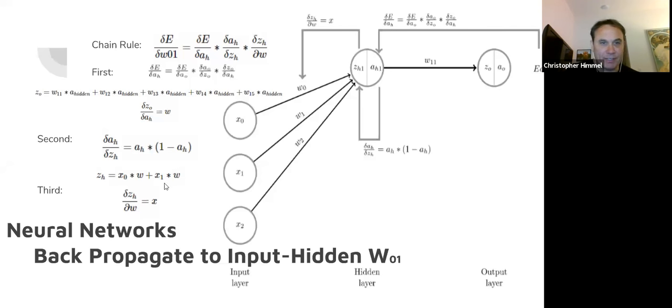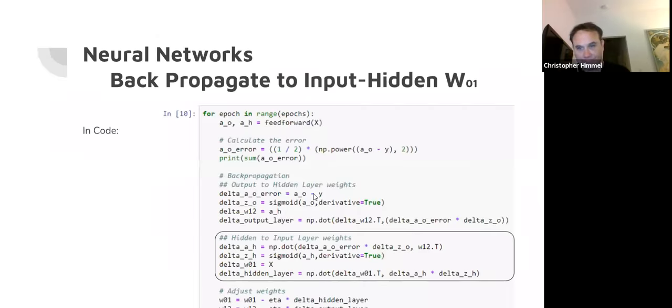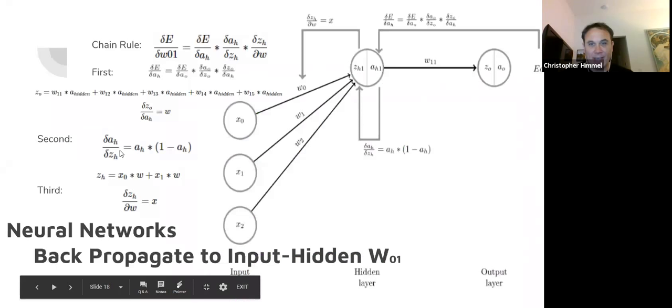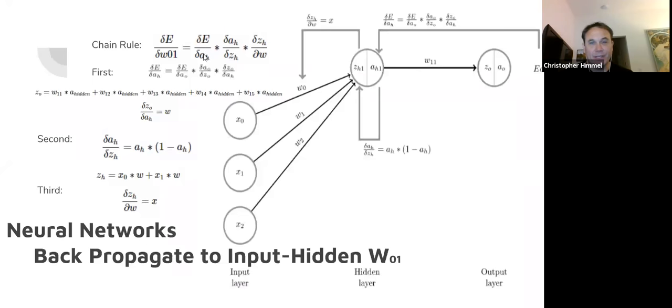So anyway, we just have to plug all these values back in, multiply it all out, and we will have our partial of our error with respect to those weights. So let's look at how that looks in code. That's right here. So we're going to calculate our delta AH, which is this one, the delta of error with respect to AH.